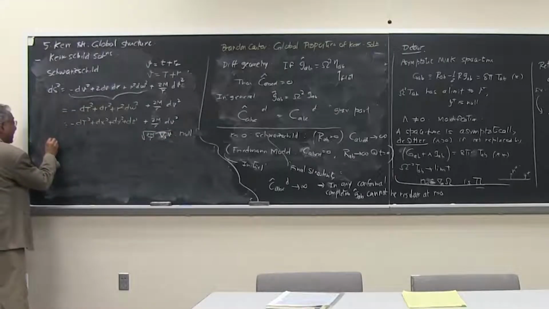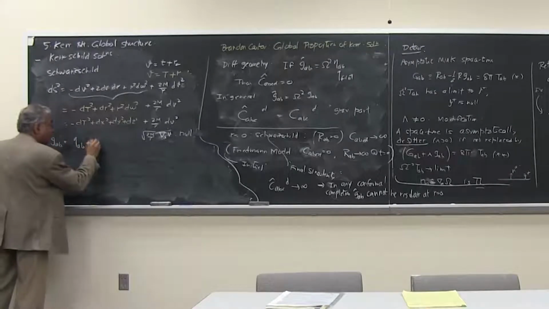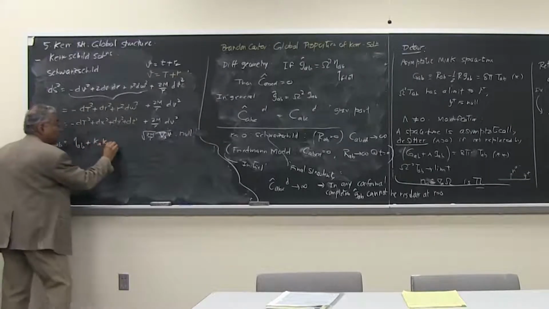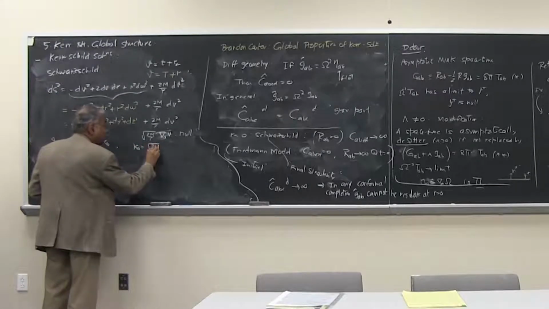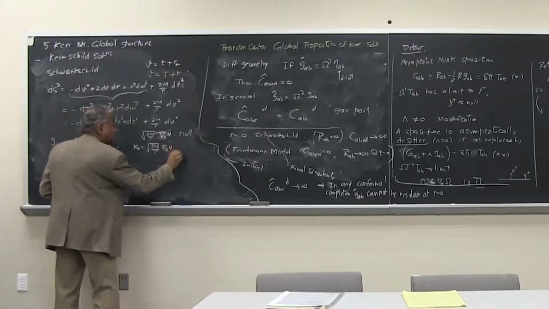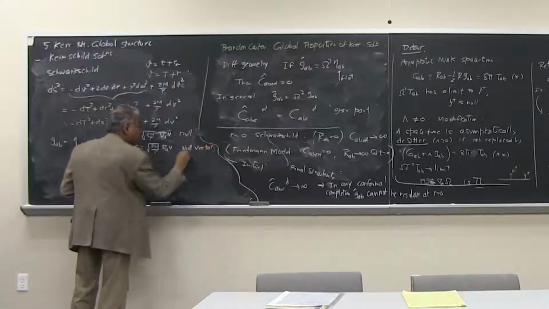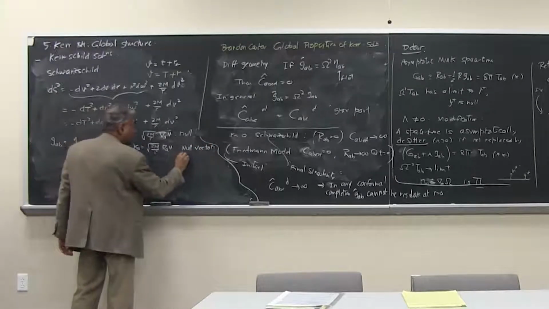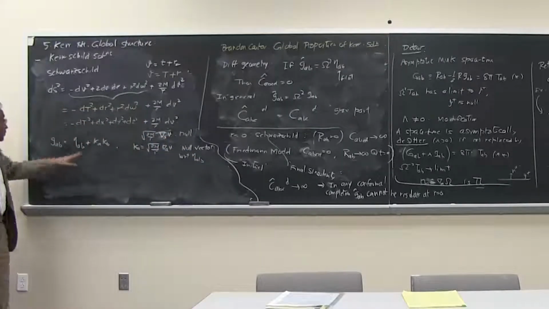In other words, if I write down the Schwarzschild metric g_ab equal to eta_ab plus k_a k_b, where k_a is just equal to the square root of 2m over r times grad v. This is a null vector with respect to eta_ab.